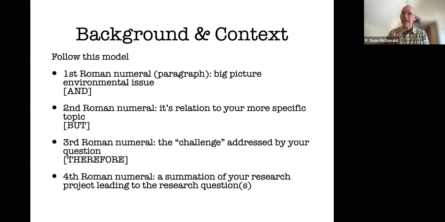Now, that's the basic, right? That's 4 paragraphs, that's the basics, but you could add additional paragraphs with additional Roman numerals. So say, for instance, not only do you want to talk about the big picture issue, but maybe you want to go into some more detail about the research around the lack of nature experience in children, or maybe you want to have a paragraph that talks about sort of the history of outdoor education.